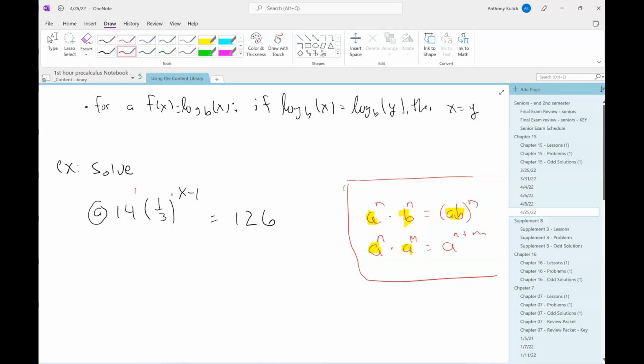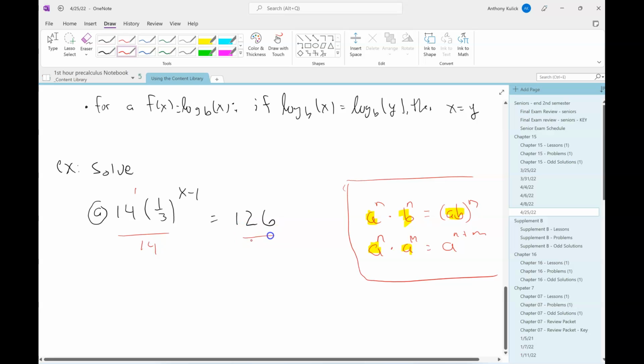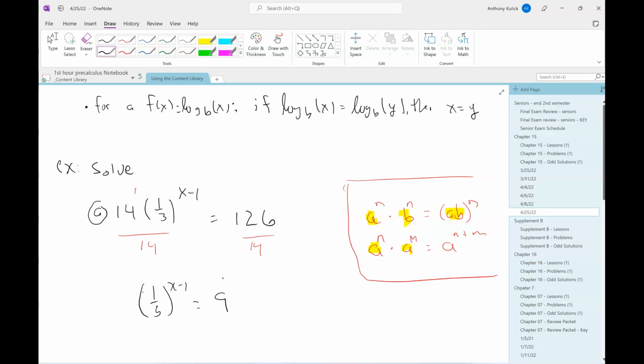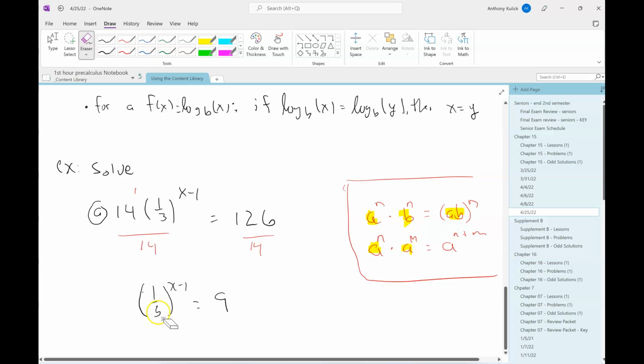Yeah, let's divide both sides by 14 and just get it out of there. Everybody feels okay with that? Okay.